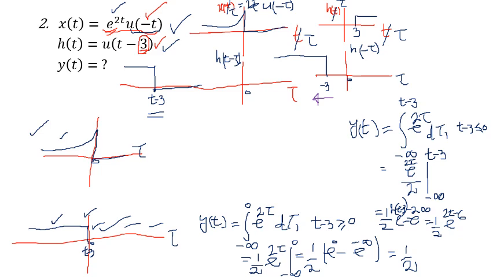So if t minus 3 is equal to or less than 0, we have one interval, and if t minus 3 is equal to or greater than 0, we have another interval, right?